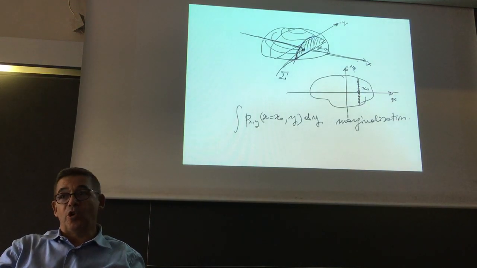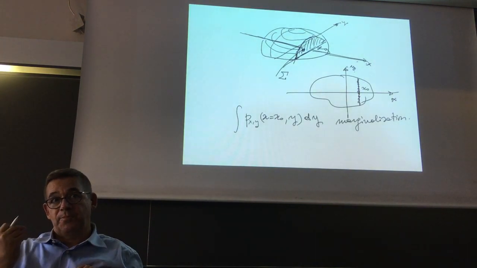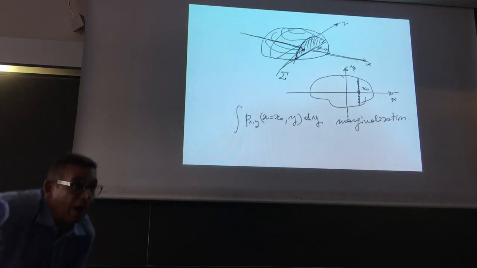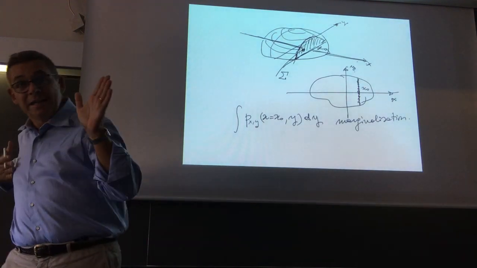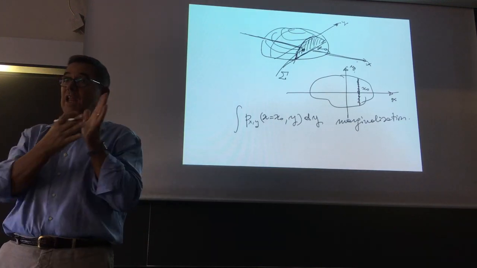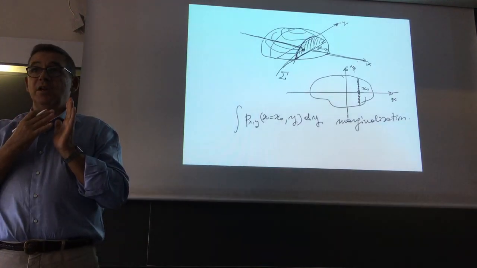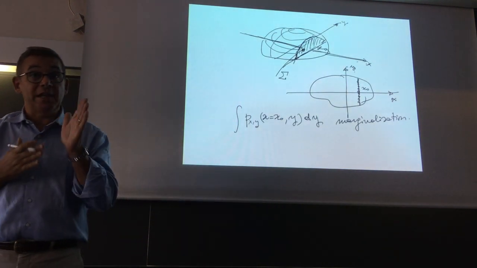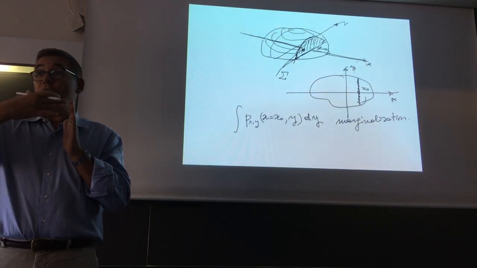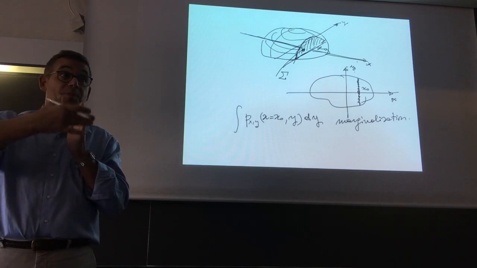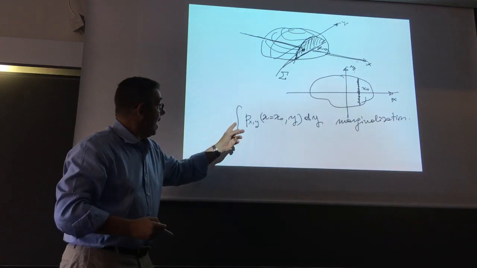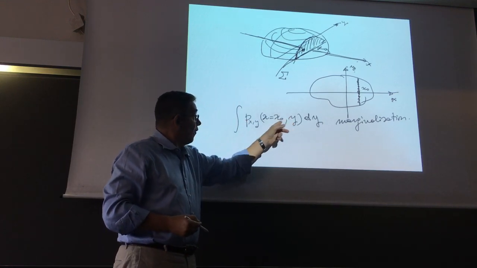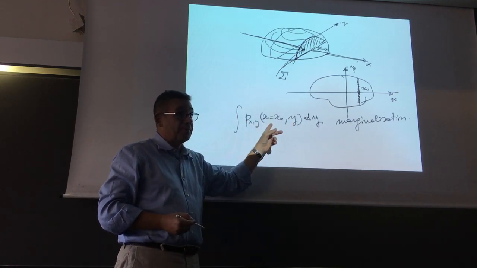And before giving the formula, what is the meaning? The meaning is the following. It means that I take one of the random variables and I integrate over all the possible states of the second random variable. That means fixing one random variable and integrating all the states. When I integrate, I sum every value y with the corresponding probability.